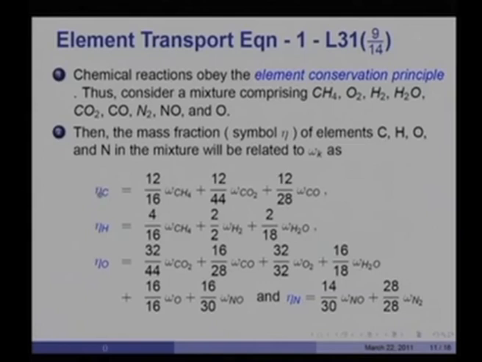These element concentrations can be convected and diffused, but they cannot be generated or destroyed, which means elements are always a conserved property, and that is a great advantage, because you do not need to know the rate at which they are being generated or destroyed.